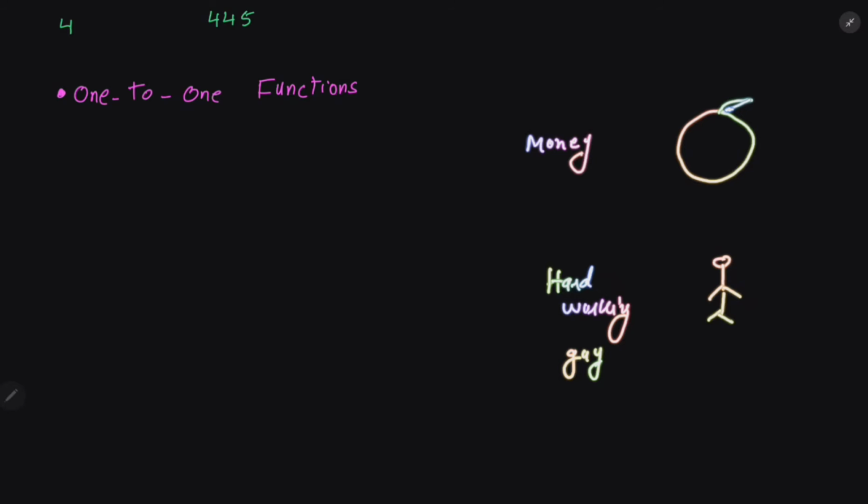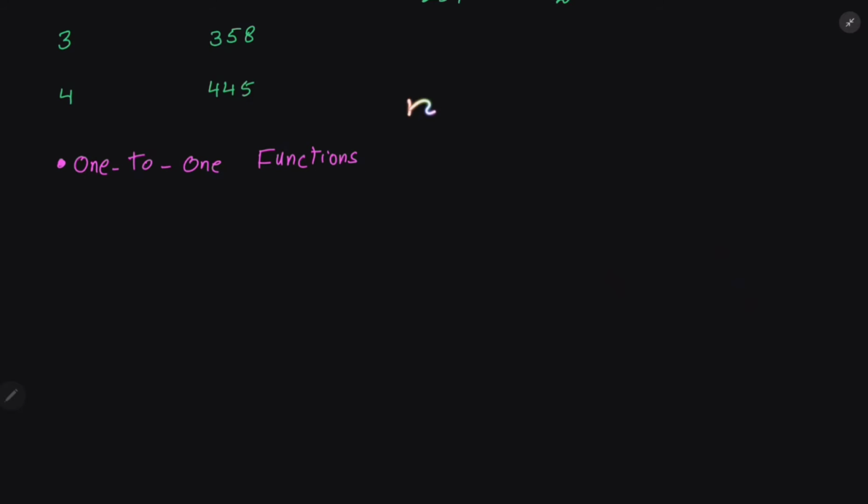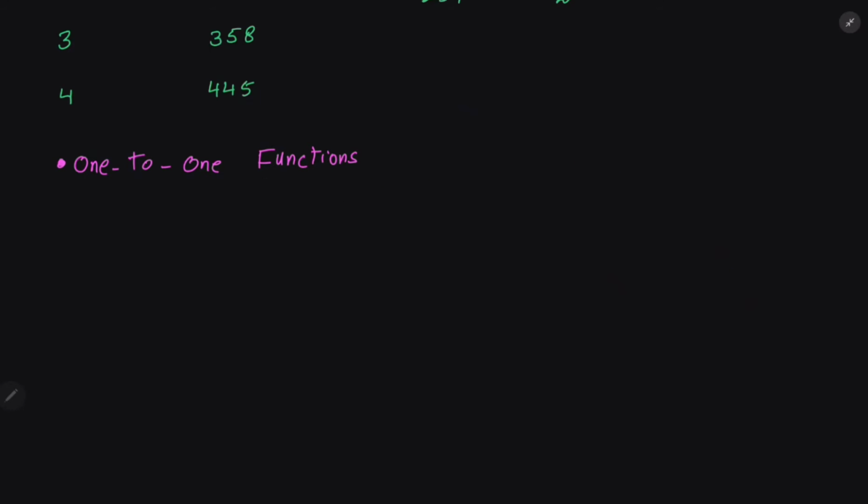So there are some prerequisites. Similarly, to understand the inverse function, there is a prerequisite knowledge for that. The prerequisite knowledge is the one-to-one function. We must understand one-to-one function.